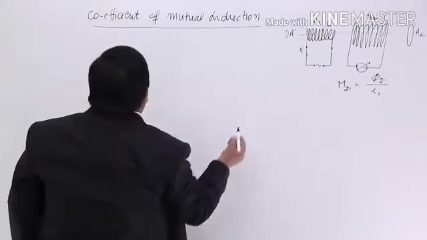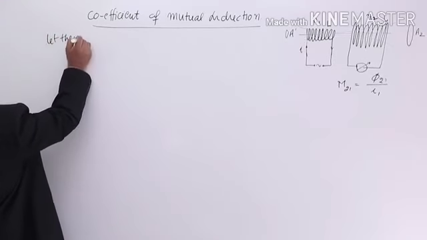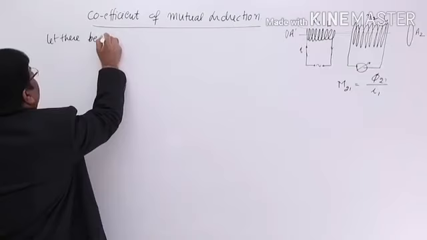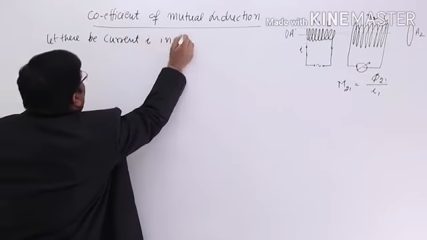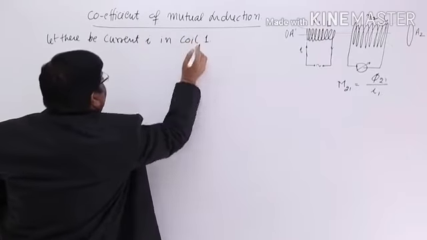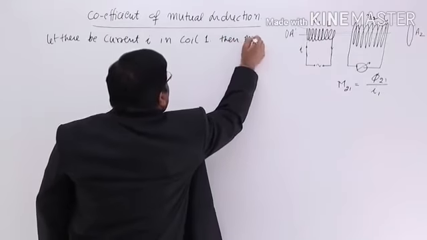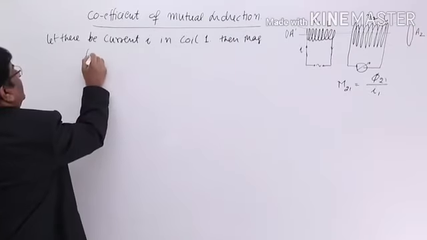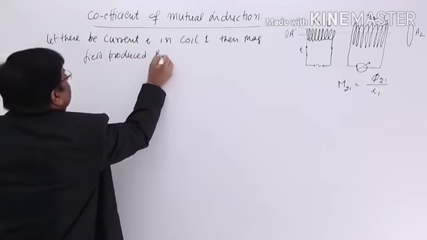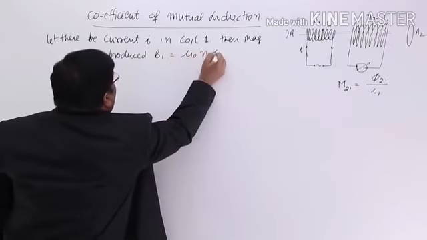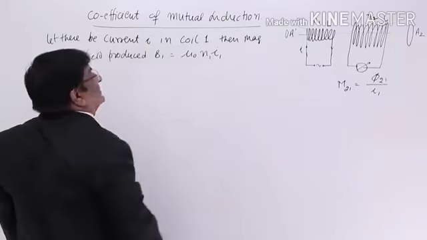We started this way. Let there be current I in coil 1. Then the magnetic field produced B1 is equal to mu naught N I1, and this N is for coil number 1, so I will write it N1.